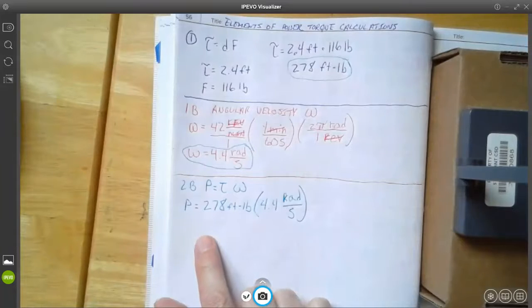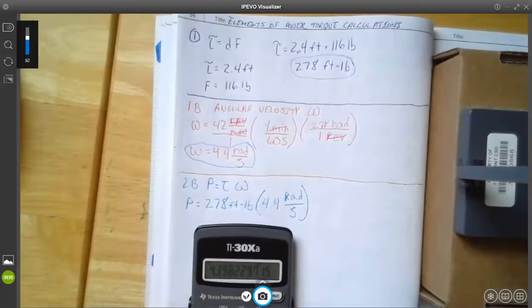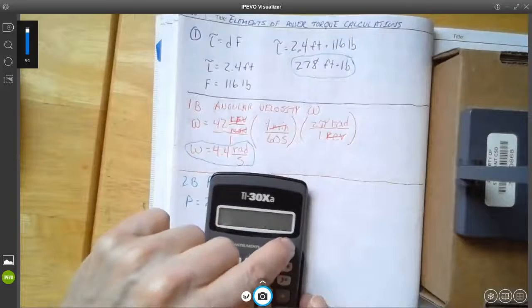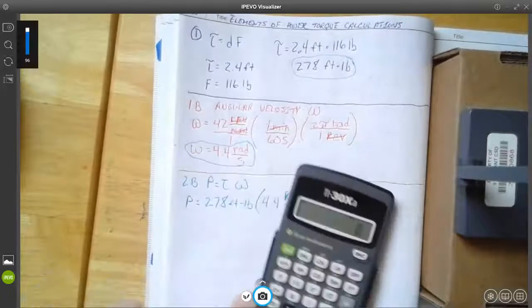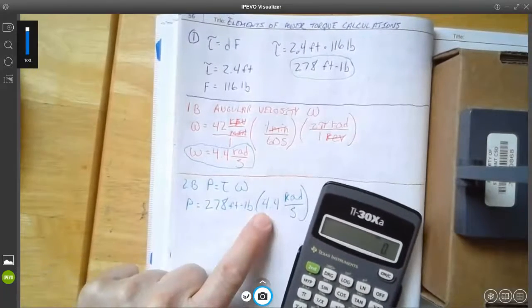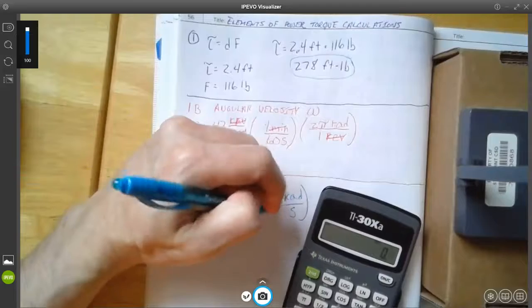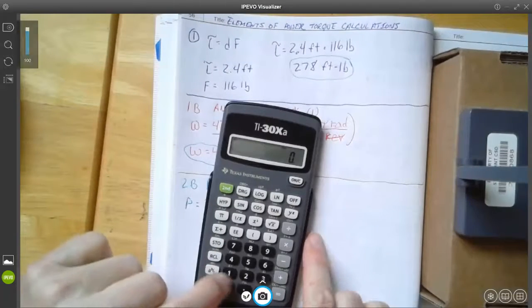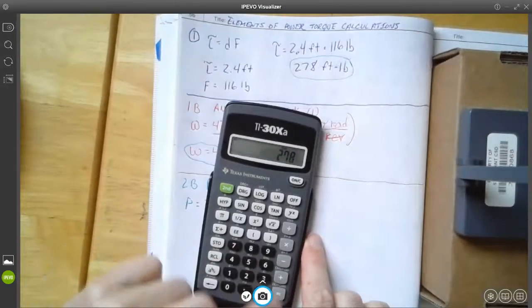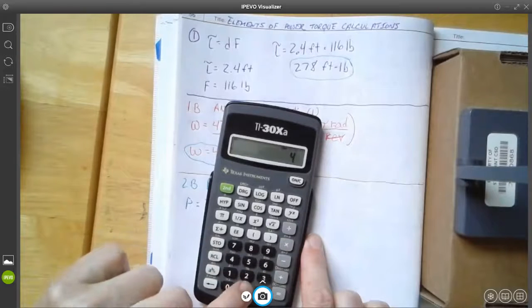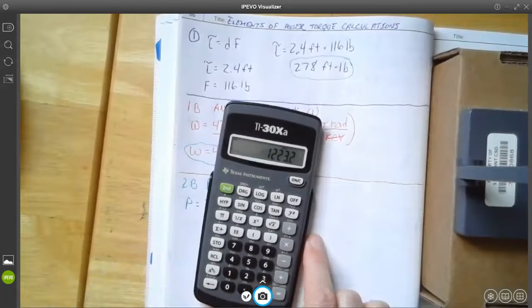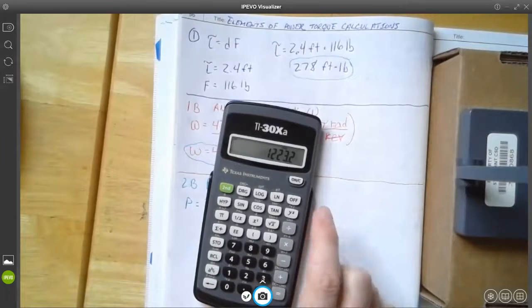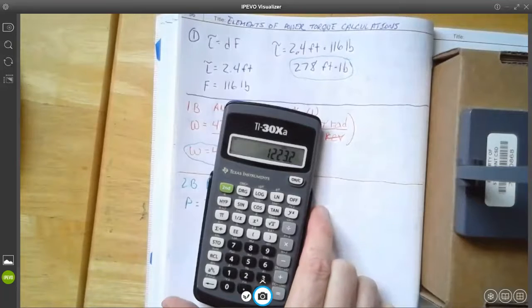Okay. When I multiply those two out, I'm going to multiply 278 times 4.4. So 278 times 4.4 equals 1,223.